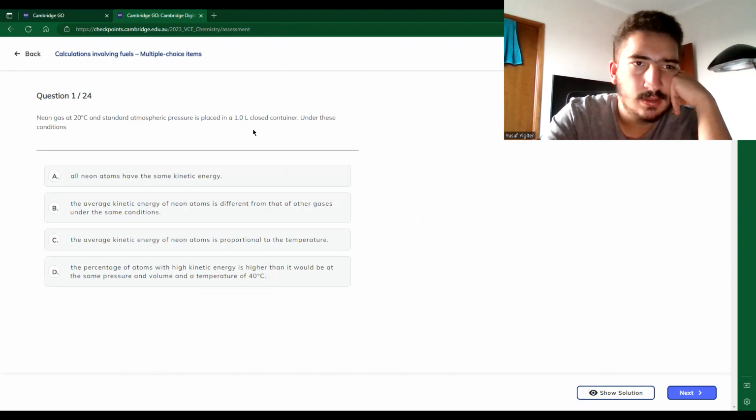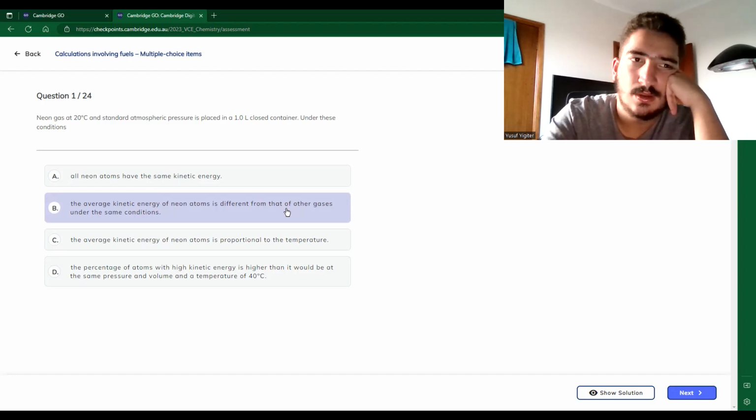Under these conditions, temperature is that. All neon atoms have the same kinetic energy. The average kinetic energy of neon atoms is different from that of other gases under the same. Is it though?